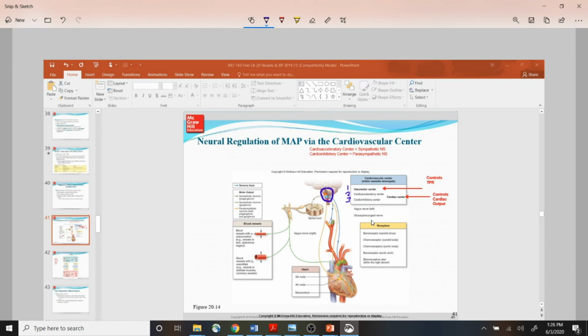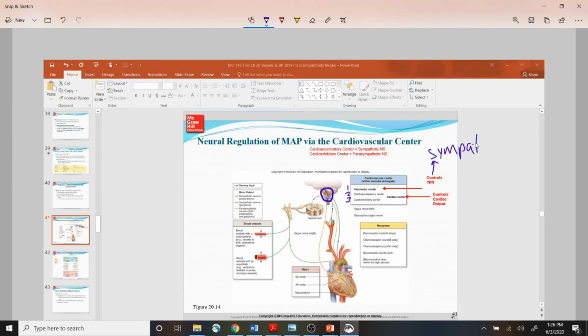Now, let's start with the cardioacceleratory center. Well, first of all, let me say this. The vasomotor center is what controls total peripheral resistance in terms of the size of your blood vessels. In terms of the extrinsic control, that is dedicated to the sympathetic nervous system to carry out.